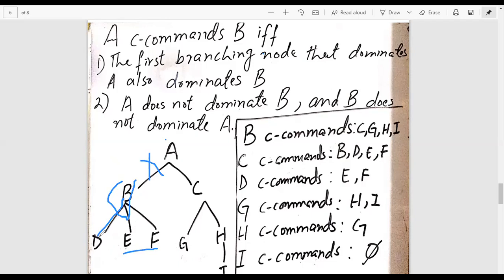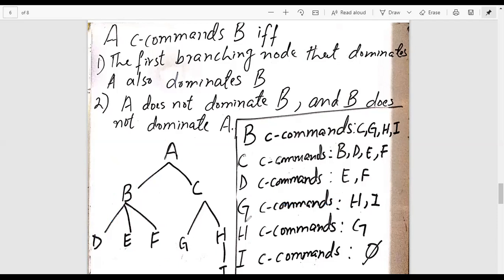So here D c-commands E and F because E and F come under the umbrella of B. If you get other terms here, you get G, H, etc. So I can say that D c-commands E and F here.